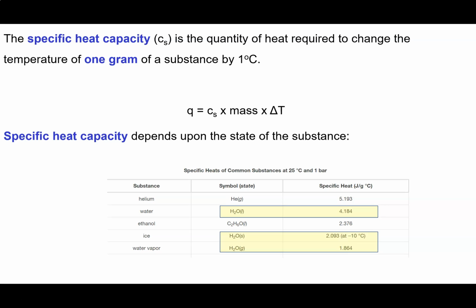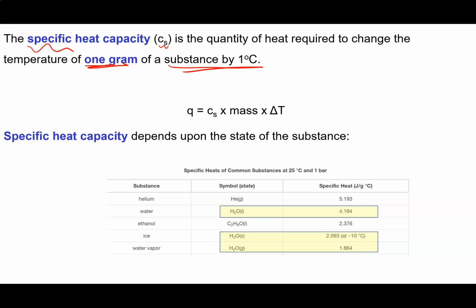Because that's kind of awkward, we've defined what is known as the specific heat capacity, and we give that the symbol lowercase c. And this is a very useful quantity. It's the quantity of heat required to change the temperature of 1 gram of a substance by 1 degree Celsius. So now we don't have a heat capacity for every object. We have a specific heat capacity for 1 gram of a particular substance.